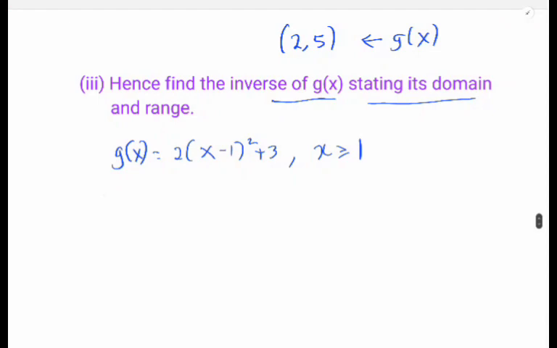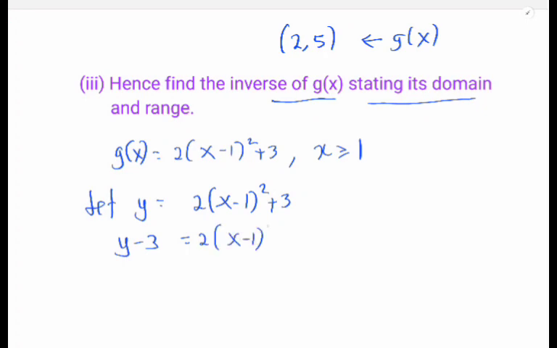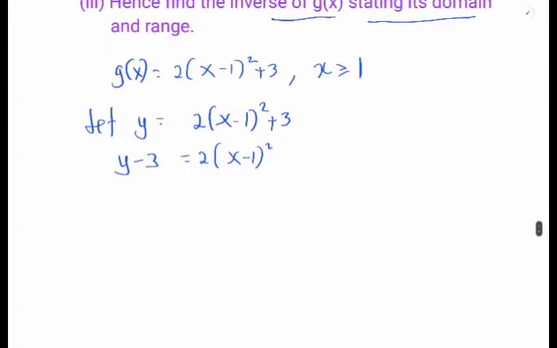Now for the inverse function, you let y equal 2 (x minus 1) squared plus 3. So here y minus 3 equals 2 (x minus 1) squared. So (x minus 1) squared equals (y minus 3) over 2.